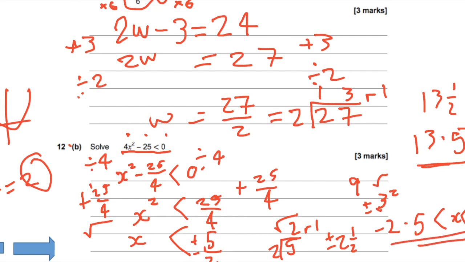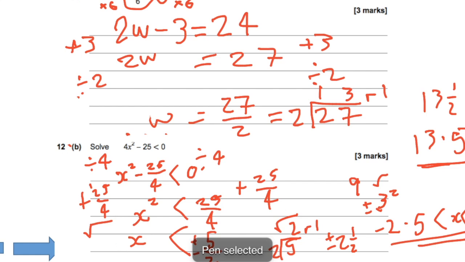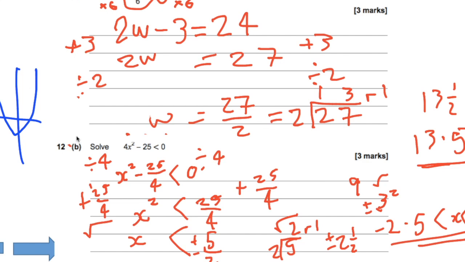If you visualize it, what we're saying here, as this is a quadratic, if we use a diagram, 4x squared minus 25 is going to look like we said before, something like that. And we want to know where it is less than 0.